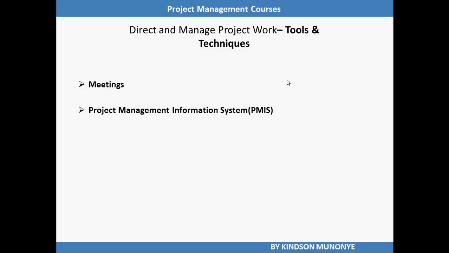The next tool and technique is Project Management Information System. The Project Management Information System, which is part of the environmental factors, provides access to tools such as scheduling tool, work authorization system, a configuration management system, an information collection and distribution system, or interfaces to other online automated systems.